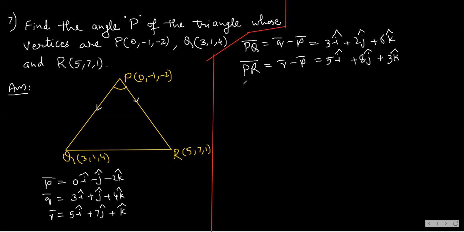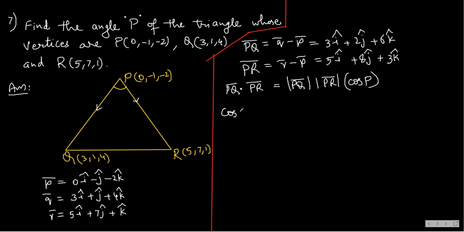Now students, by dot product of two vectors, you know PQ bar dot PR bar by definition is mod PQ bar, mod PR bar and cos of the angle between these two vectors. Now, what is the angle between these two vectors? It is P. So, into cos of P. So, what is cos P?